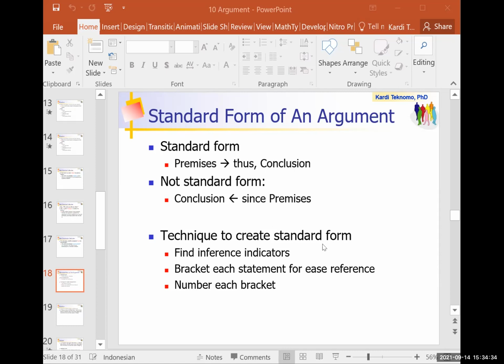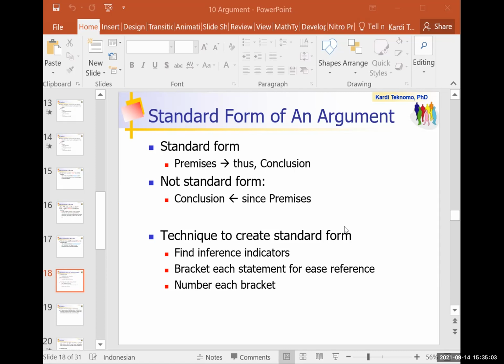So how do you create the standard form? First, you find the inference indicator, either premise indicator or conclusion indicator. Second, in the statement, you create brackets, a bracket in each statement to ease your reference. After that, you give numbers to the brackets.